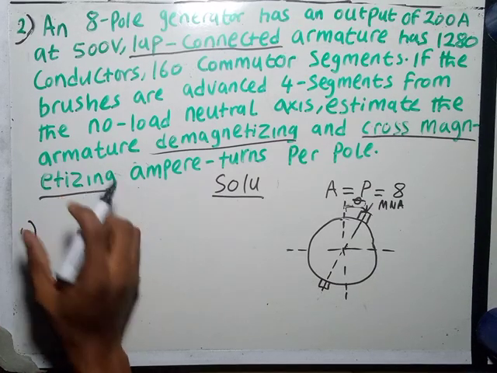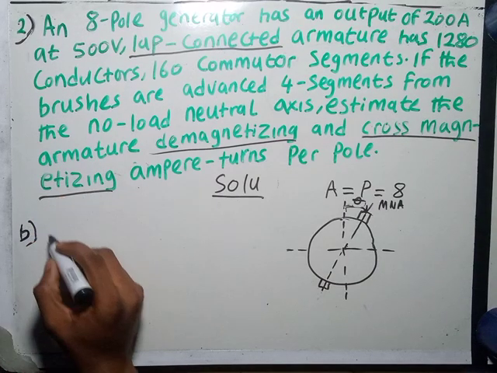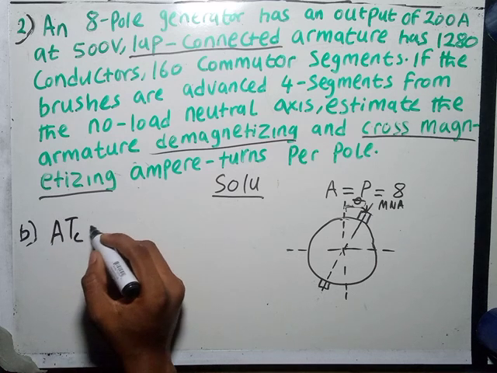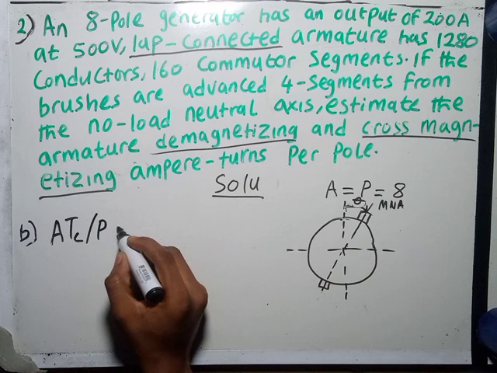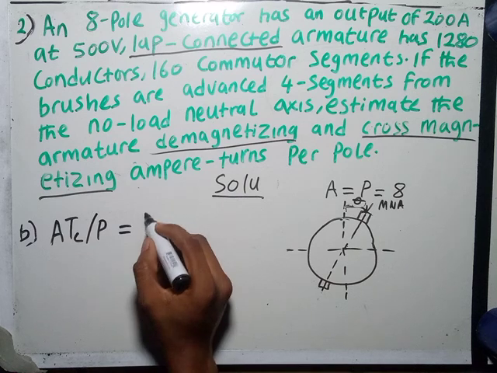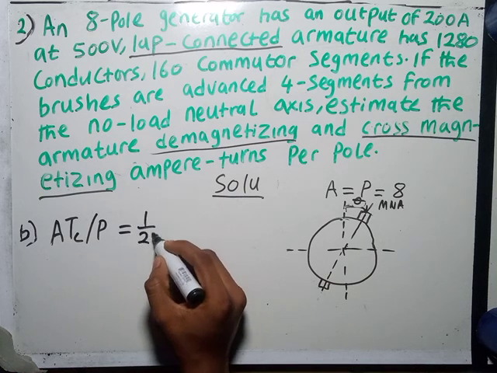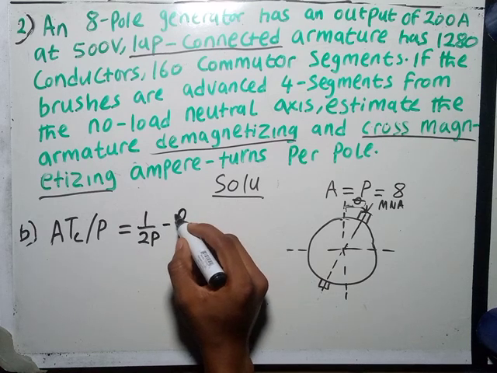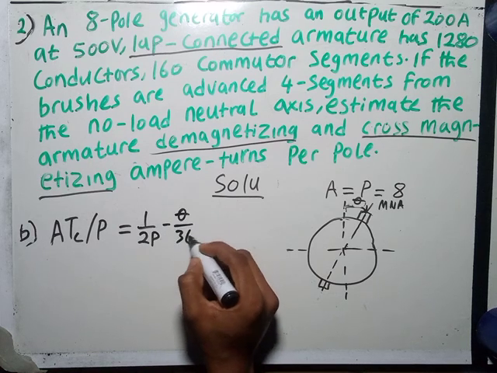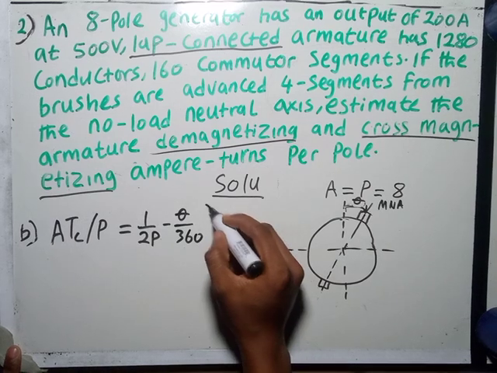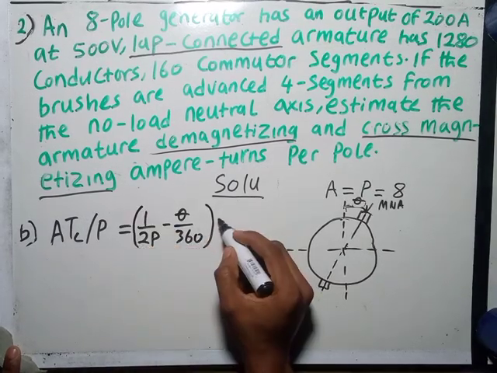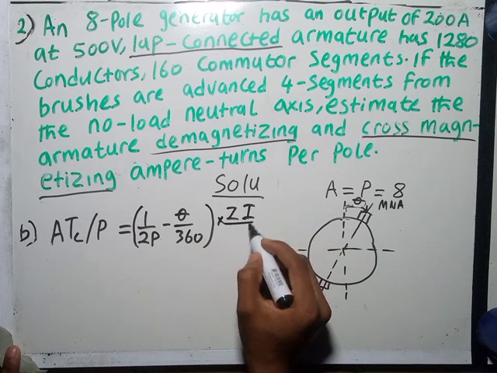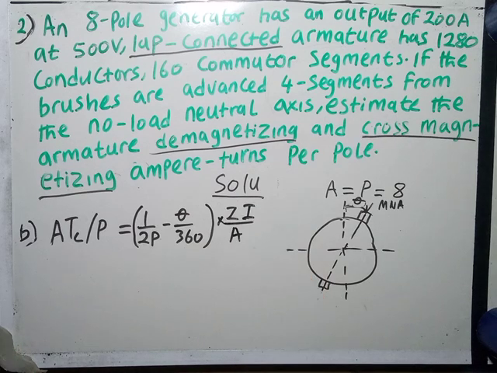Now for our B part, we have that ATC, which is the larger part of the armature reaction per pole, is equal to 1 over 2p minus theta over 360, all in brackets, ZI over A.